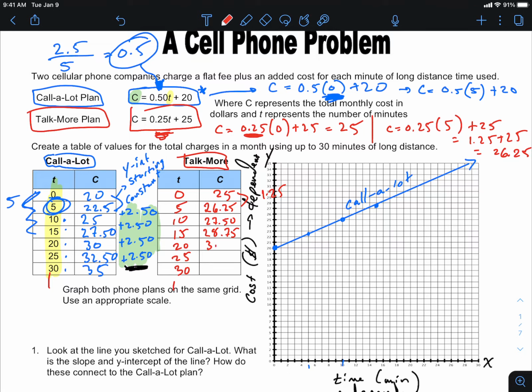Is it $30? Yeah. And then we're going to go to 31.25 and 32.50. Okay. All I did was add the 1.25 every time.